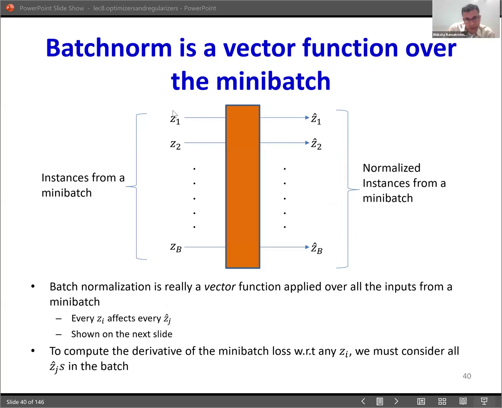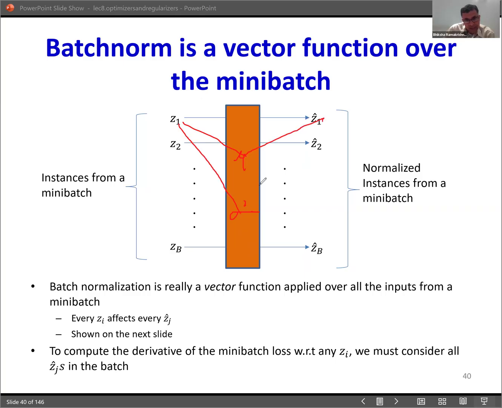What really happens is that you have all the Z's of the mini batch go in, and then batch norm happens over the entire batch, and then every one of them is modified. Within this box, there's some computation which includes the computation of a mean parameter and a sigma squared. Every z influences this mean, and this mean influences every z hat.